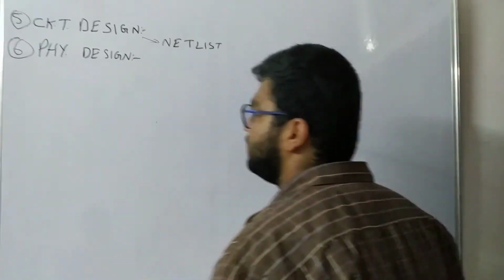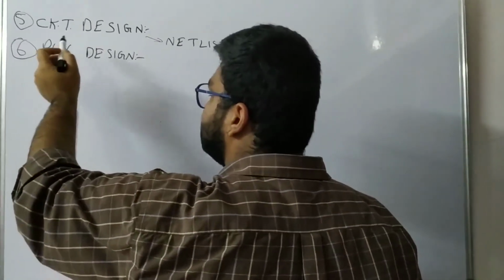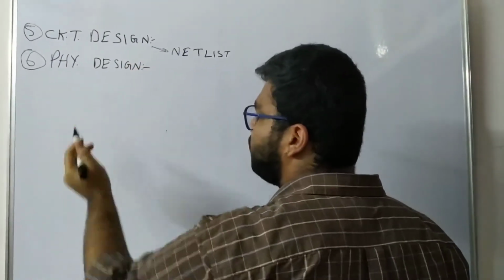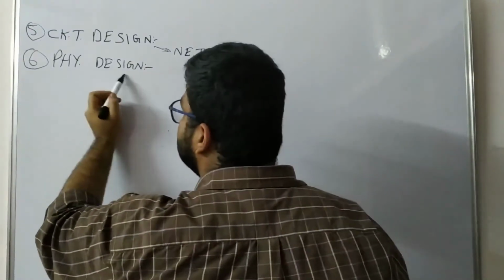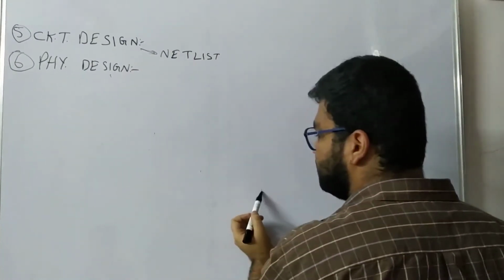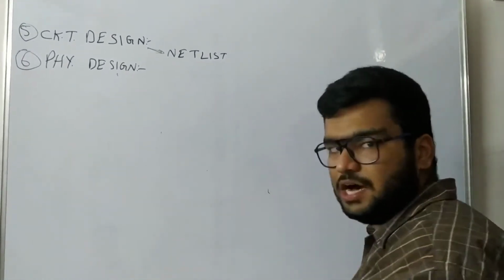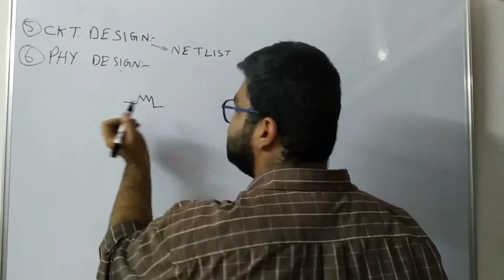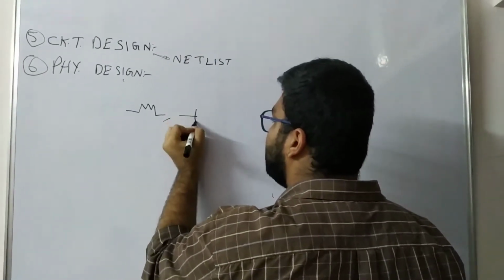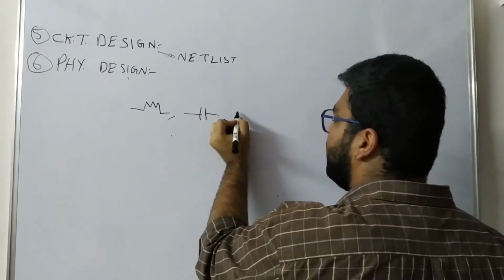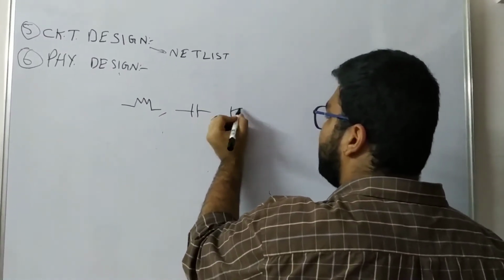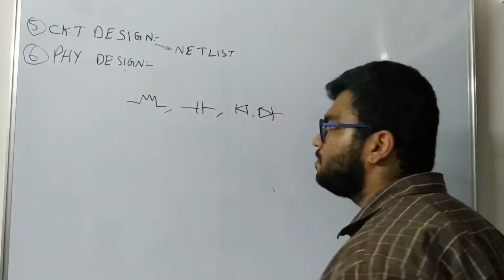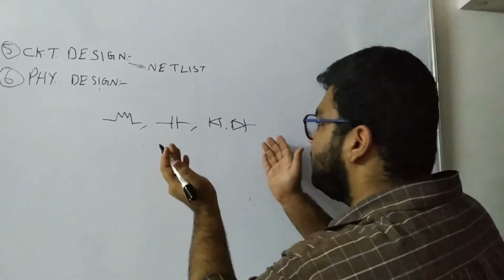What is this physical design? Here we have represented the circuit diagram. That is, we have written the Boolean expression in the form of a circuit representation. This physical design will give the elements in that representation a shape. That is, a resistor is represented as this symbol, a capacitor as this, and a diode like this, or like this, etc. And it also tells us the interconnection between these components.